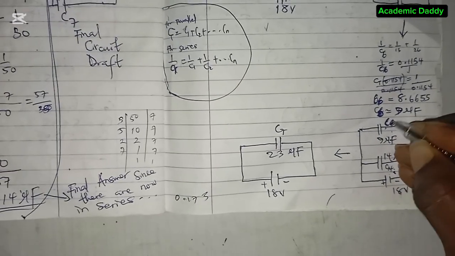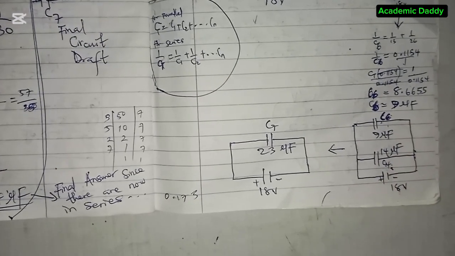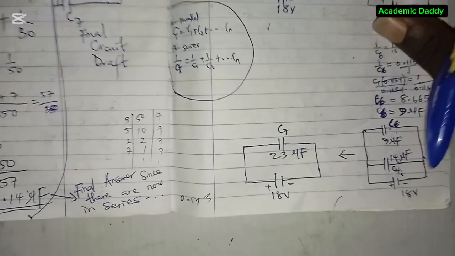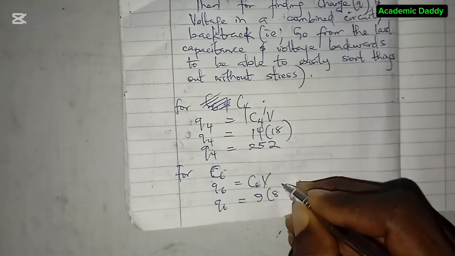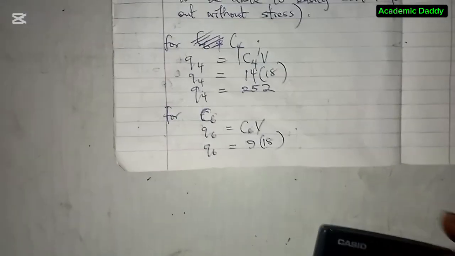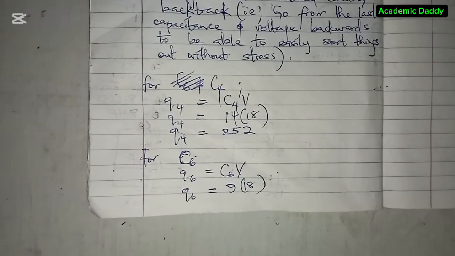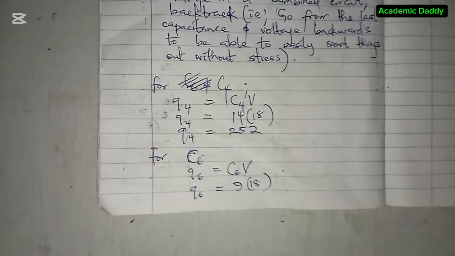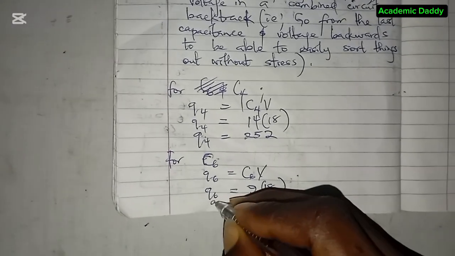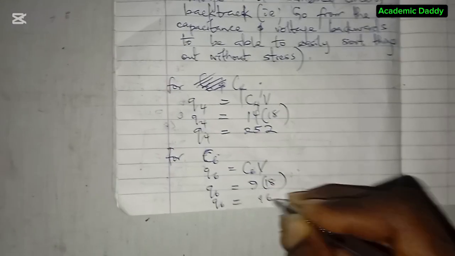I'm putting those numberings to make you know which capacitance is which. So 9 times 18. So I have Q6 equal to 162.